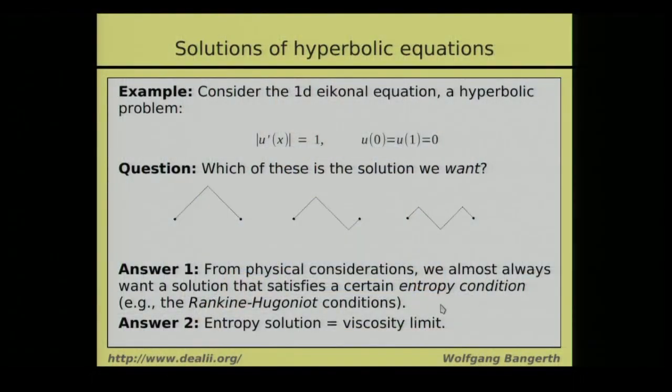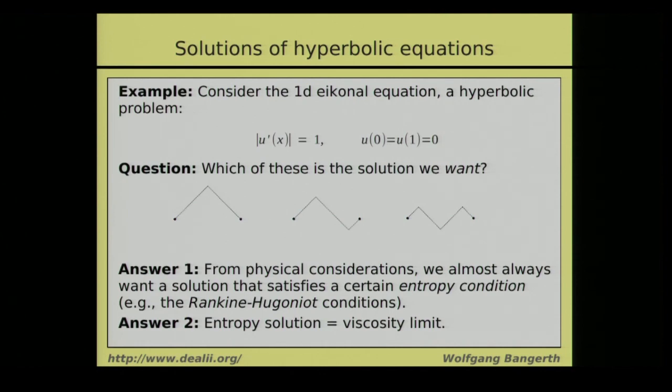So physically speaking, only one out of these infinitely many solutions that I find for these equations satisfies the physical entropy condition. In physics, the entropy conditions are often called the Rankine-Hugoniot conditions as well.